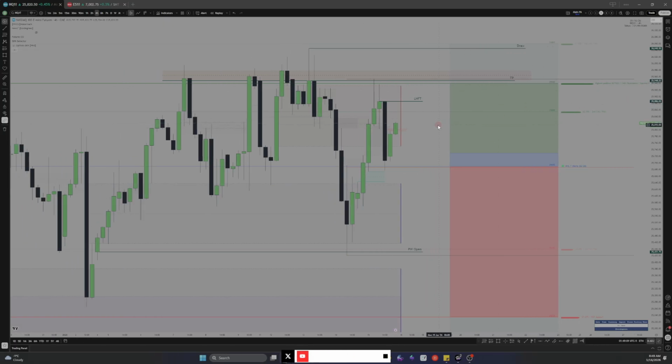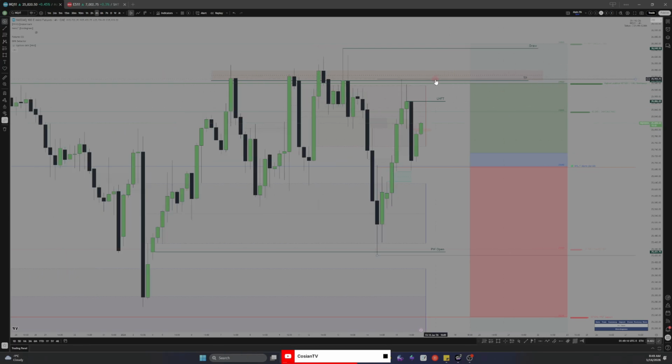Now let's leave that as it is. I will leave that TP where it is now. But if price makes its way towards the TP, I'd also watch 25,940.